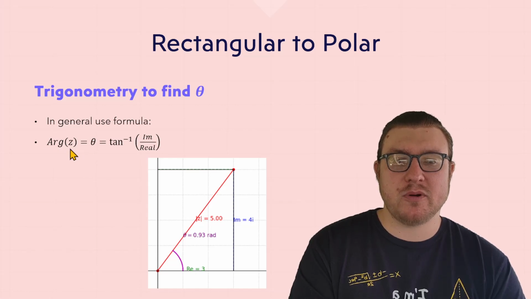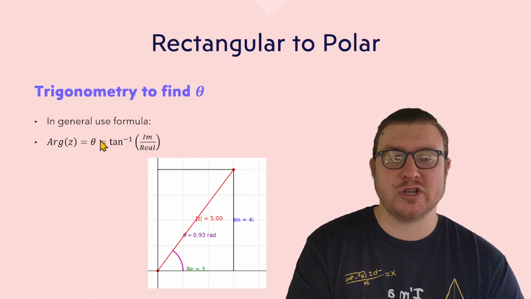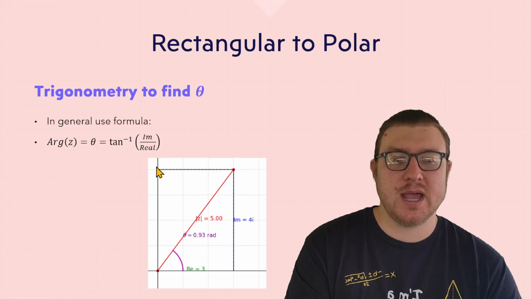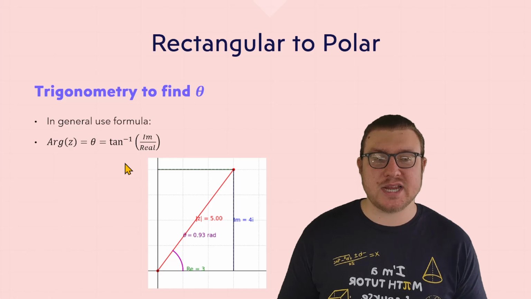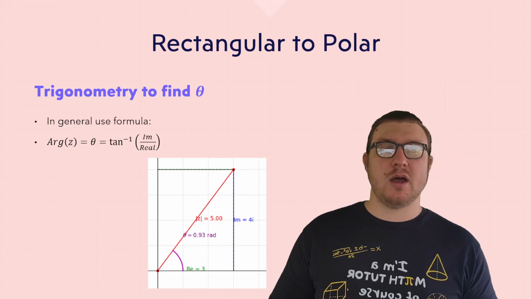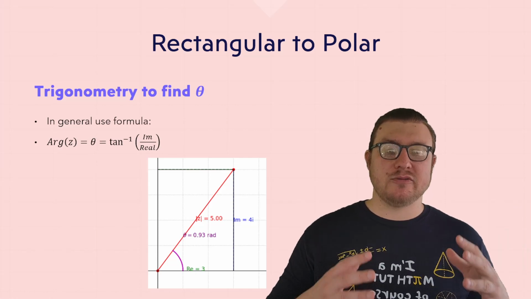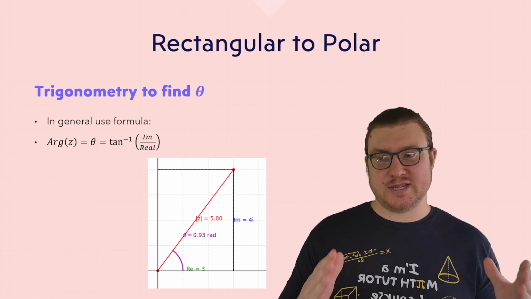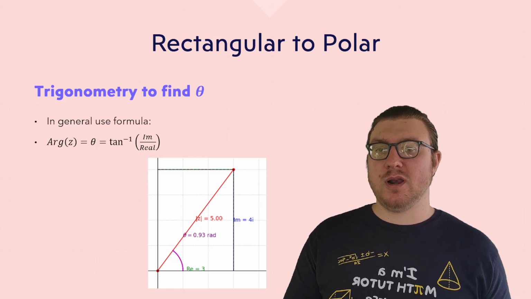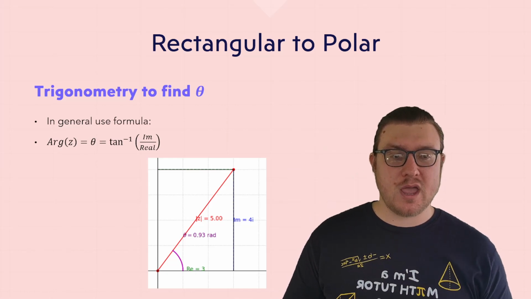You need to remember what this means. This is the argument of the complex number z, which means the angle theta is given by the inverse tan, or the arctan, whatever you want to call it, of the imaginary part divided by the real part. And remember, the imaginary part does not have an i. I will say that 100 times, and people will, under exam conditions, forget, and this will not work for them.